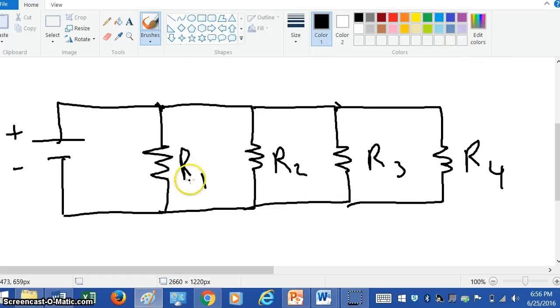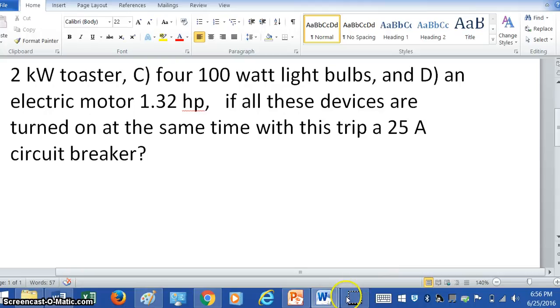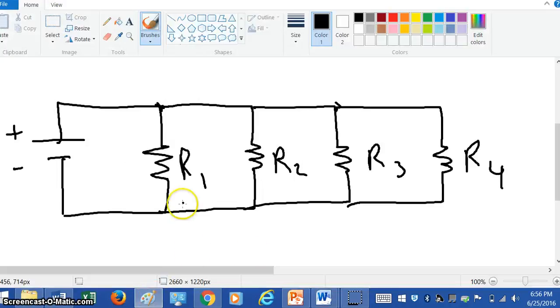All right, and so what's making this parallel? Of course, it's the positions of all these electrical devices, and go back to the definition of a parallel circuit. The voltage is the same for all the electrical devices. Here's whatever the voltage is of this battery. Let's say it's 30 volts. It could be anything, but I'm just making that up.